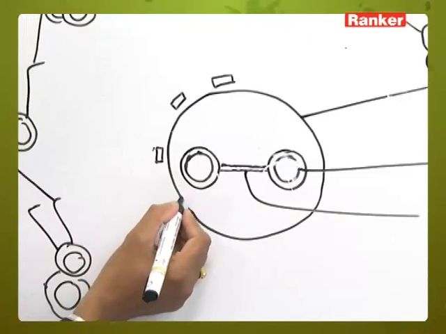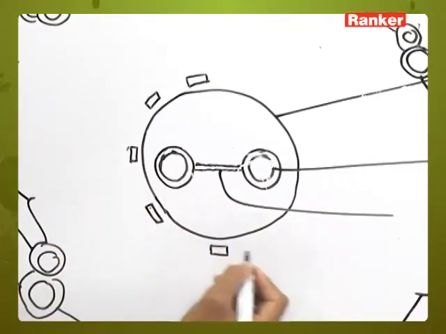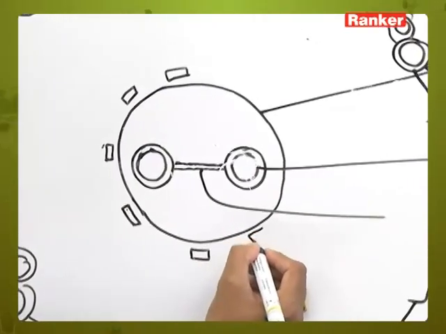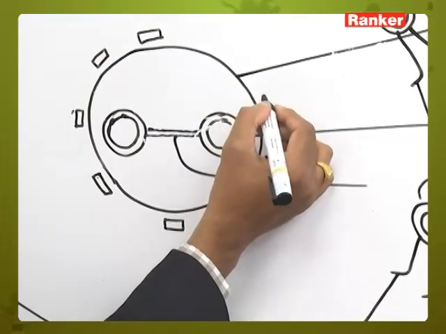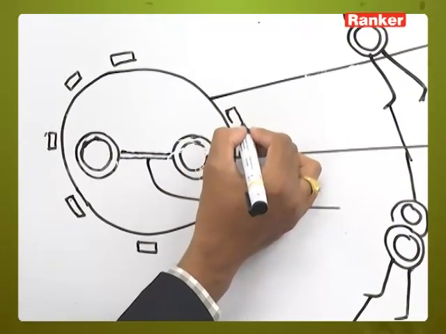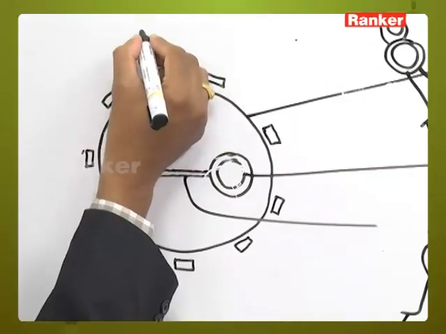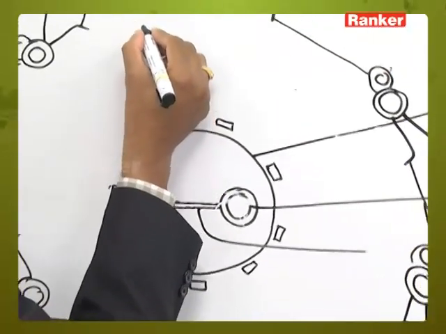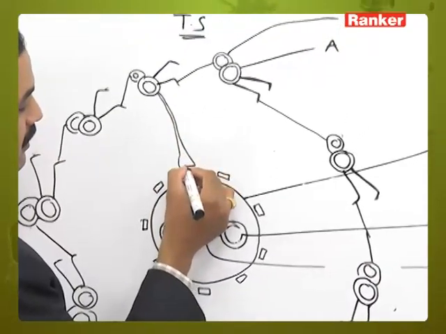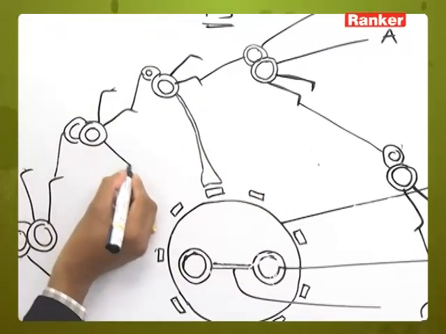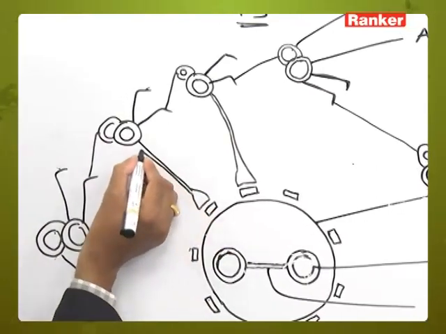This transition structure connects the central fibril with the peripheral fibrils. So a total of 9 transition structures help in attachment of the peripheral fibrils with the central fibril. And on that we can see the radial spoke, which is connected to the A microtubule, but the basal side has a little bit swollen structure.